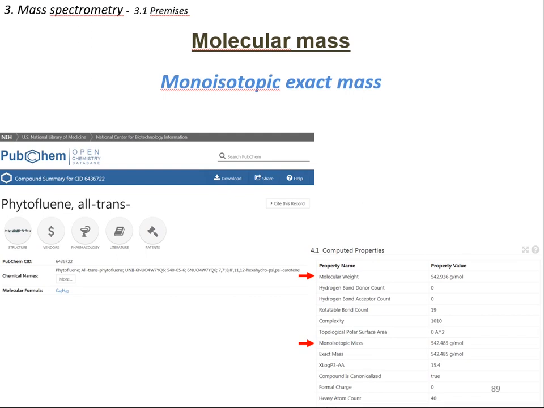You can find both pieces of information on PubChem in the computed physicochemical properties of this compound. For example, here is phytofluene, and in PubChem you can find the molecular weight and the monoisotopic mass of this compound.